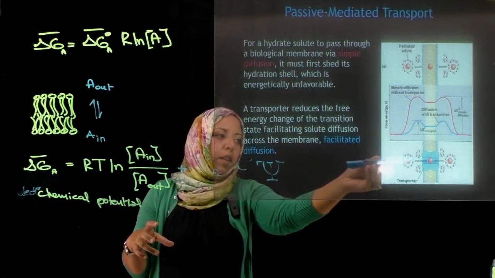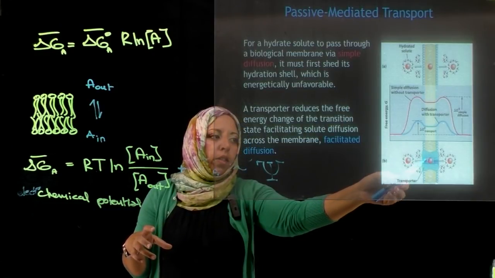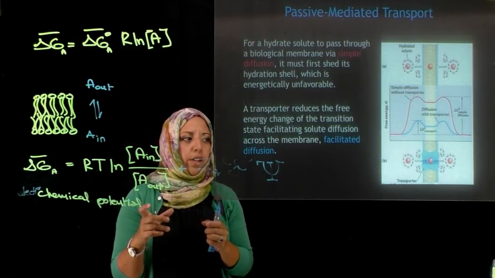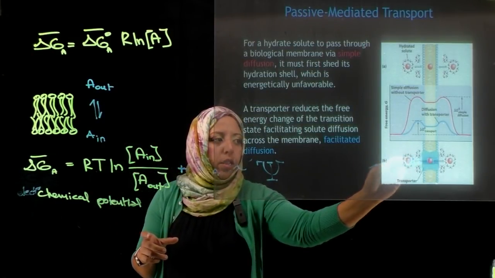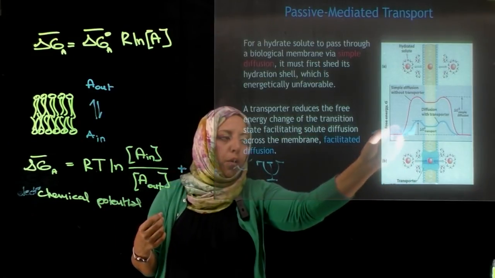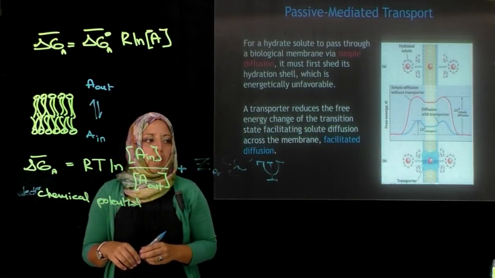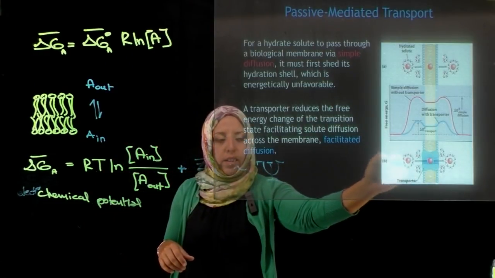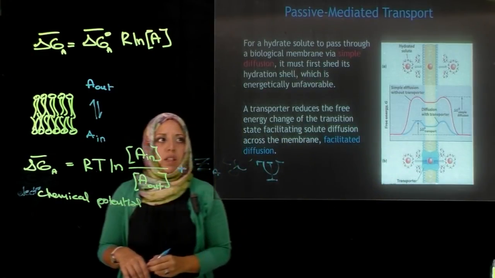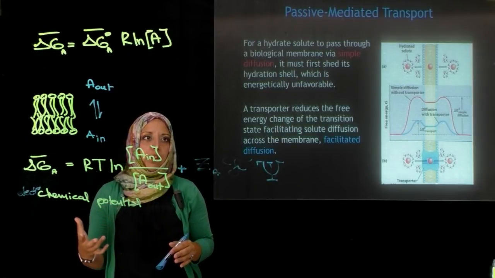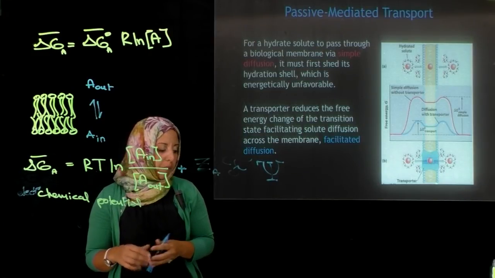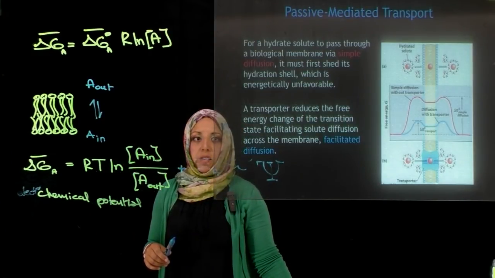But then as it passes through the membrane, that particular solute will form non-covalent interactions with the lining of that particular protein, which will basically make it energetically favorable and lower the overall delta G. And we call such an example facilitated diffusion, through the aid of a protein. So that's the difference between a simple diffusion or a non-mediated diffusion versus a facilitated diffusion. All right, more energetically favorable.